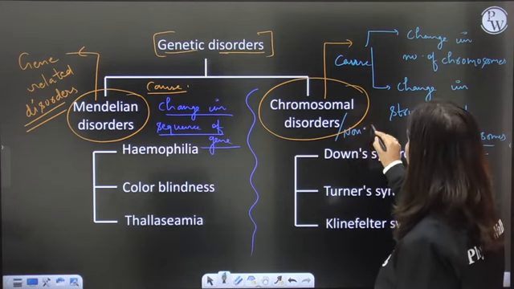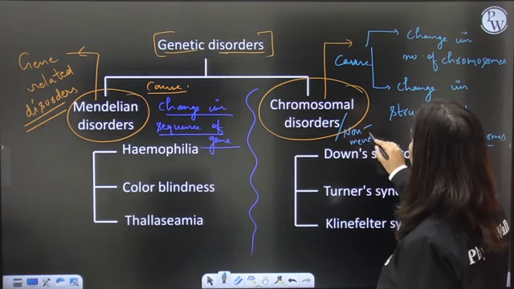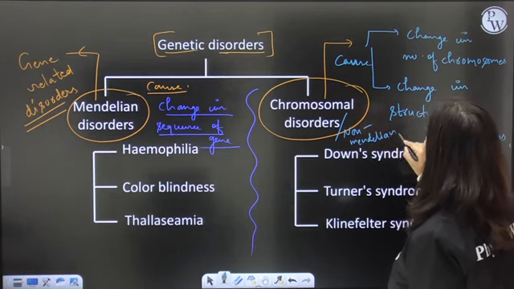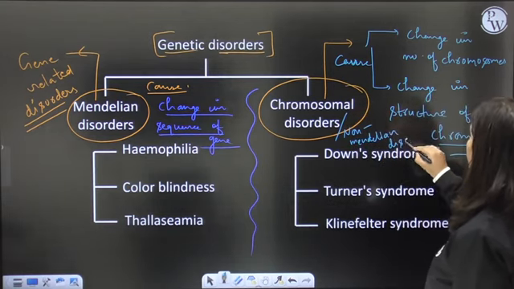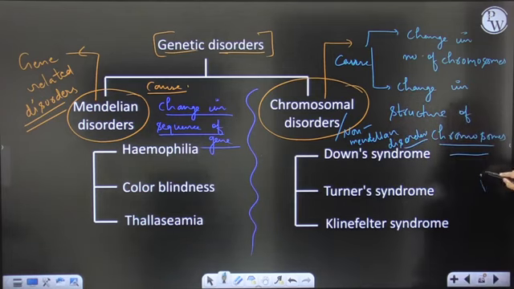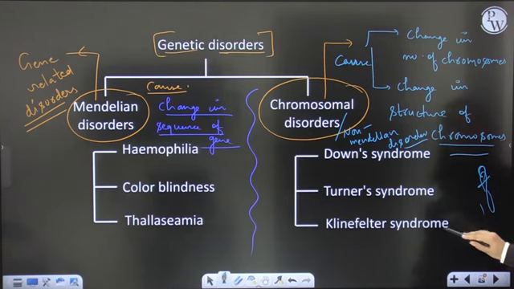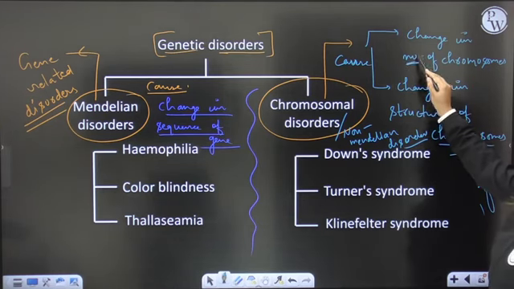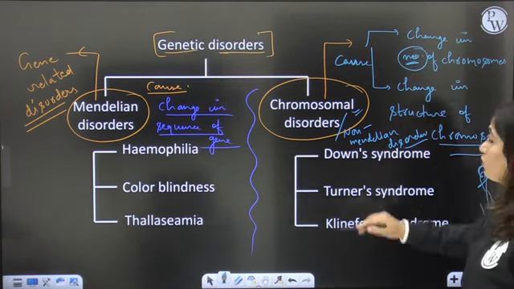These are also called non-Mendelian disorders. The change will be in the structure of chromosome. That means suppose one arm of the chromosome is lost or it is added with an extra arm. So there can be a change in the structure of chromosome or a change in the number of chromosomes. The number of chromosomes can be increased or decreased. That would be a chromosomal disorder.